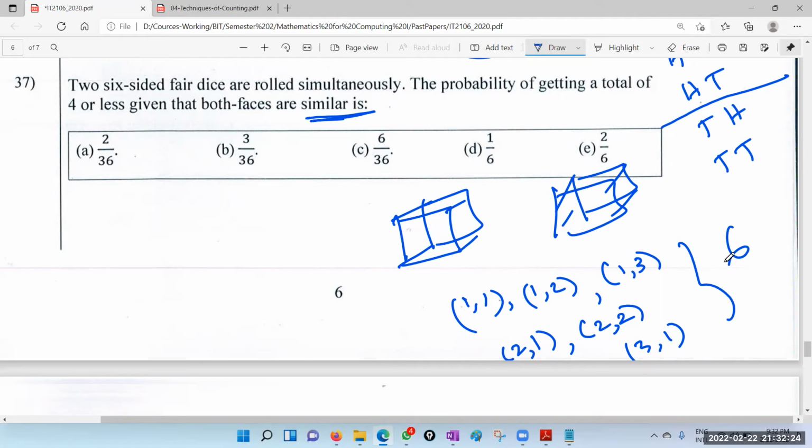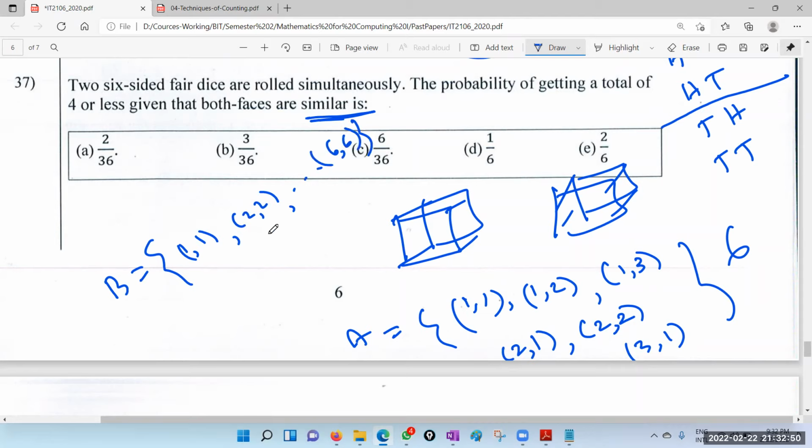But then they say, given that both faces are similar. So this is my A event, and my B event is both faces are similar, meaning 1 1, 2 2, up to 6 6.